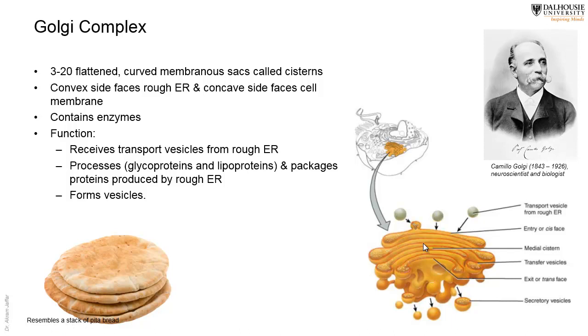So they have a convex side, which is the entry point, which faces the rough endoplasmic reticulum, and the concave side is the exit point, and that faces the cell membrane, and in between them there are cisterns, which are called medial cisterns. So these flattened sacs are called cisterns.